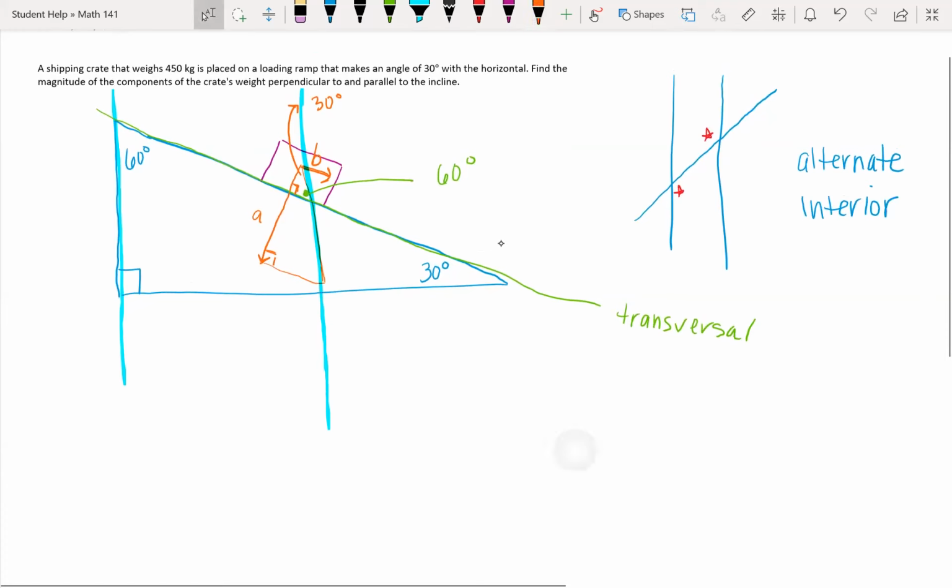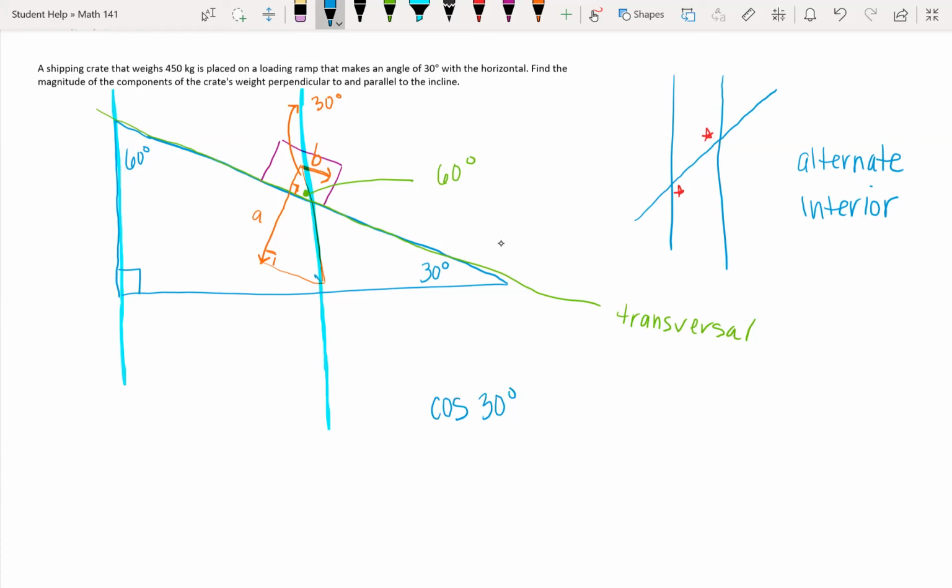We know that the cosine of 30 degrees is the, no, adjacent side, 450.